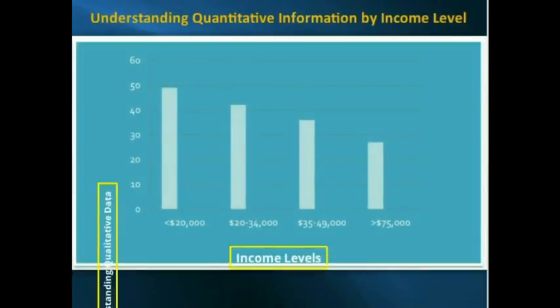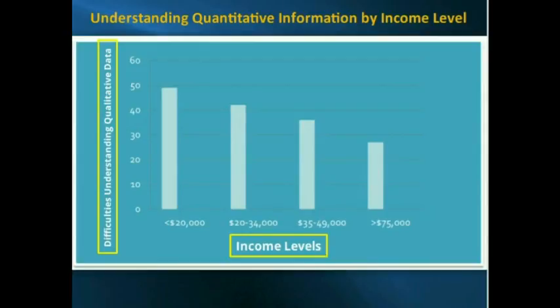Risk information often involves communicating quantitative information. As you can clearly see here, not everybody is comfortable with quantitative information. Here is an example where people with higher income are more comfortable compared to people with a lower income.